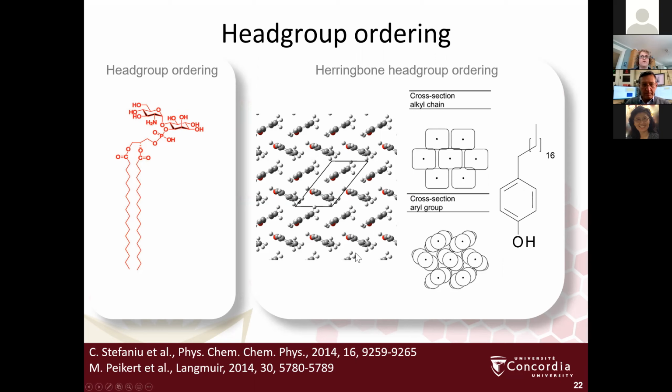But that was never confirmed, and that was for a single hydroxy, not a trihydroxy version. So in ours, we've been able to assign the peaks and have physical evidence of such an arrangement for the head groups themselves.